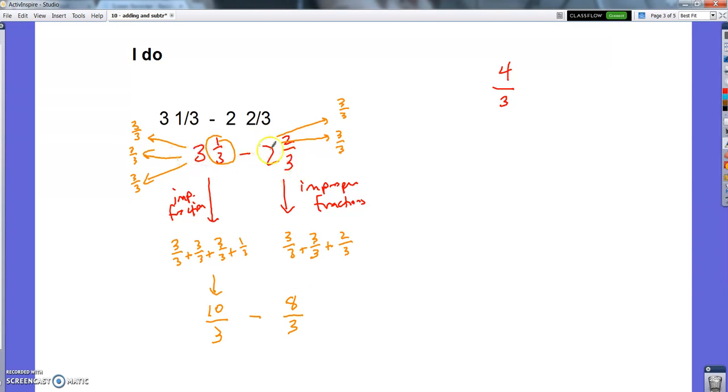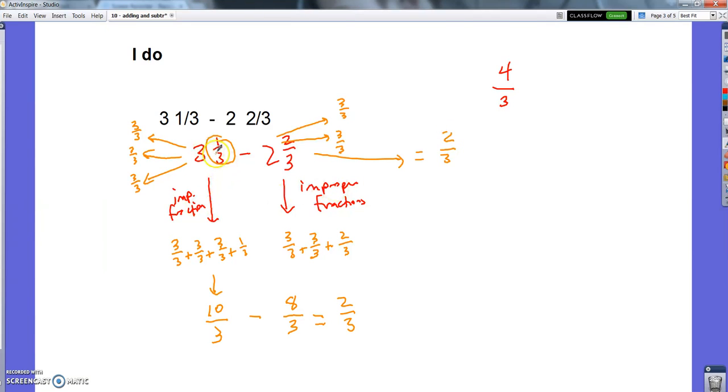So while this might be a little tricky because of my arithmetic problem, if I turn this into this improper fraction, and this into this improper fraction, well, these are really easy to subtract. I can look at those and say 10/3 minus 8/3 is 2/3. And if that's 2/3, then the answer to this is 2/3 as well.